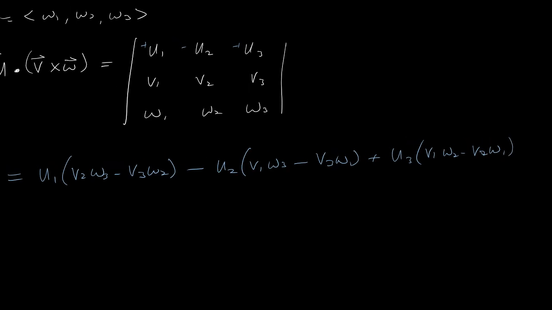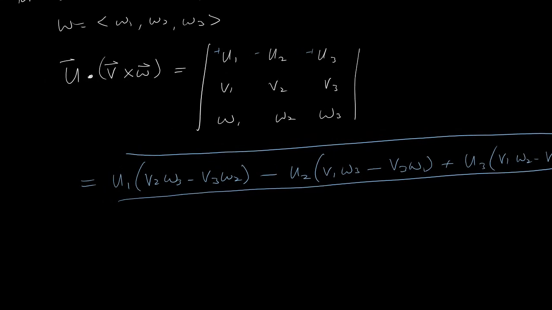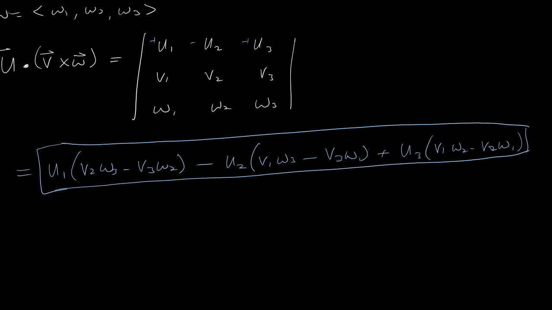Okay, so really it's very much the same thing as what we had before, only instead of i, j, and k, now we have the components of u: u1, u2, and u3.